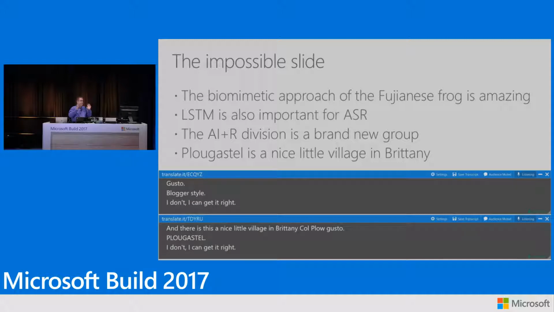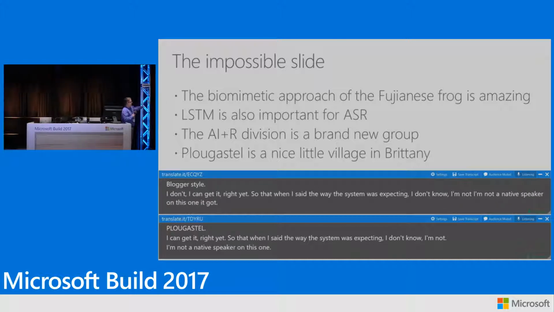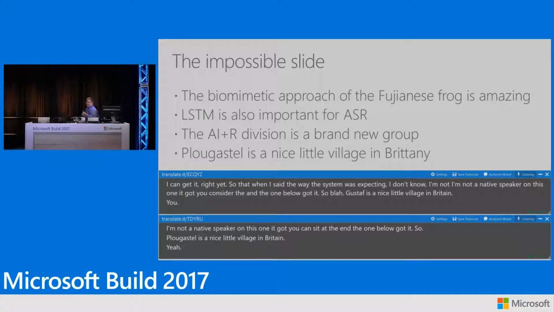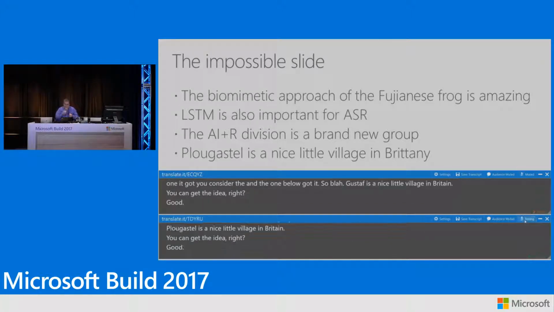So when I said the way the system was expecting, I don't know. I'm not a native speaker on this one. You can see that the one below got it. So Plougastel is a nice little village in Britain. You can get the idea, right? Good. So let me switch back to the slides.